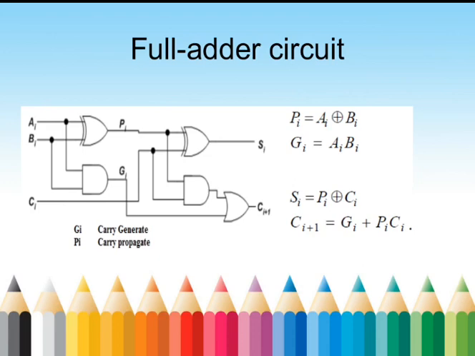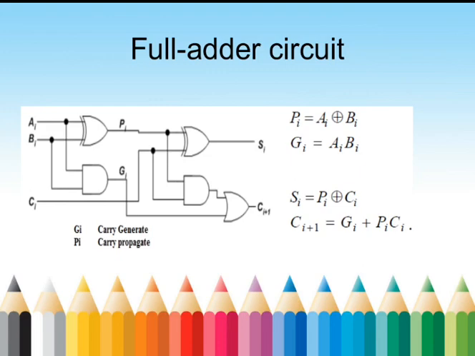From the circuit we observe the terms Pi and Gi. Gi is referred to as carry generate, and it produces a carry when both Ai and Bi are 1, regardless of the input carry, that is Ci. Similarly, Pi is referred to as carry propagate because it is the term associated with the propagation of carry from Ci to Ci plus 1, that means from the input carry to the total output carry.